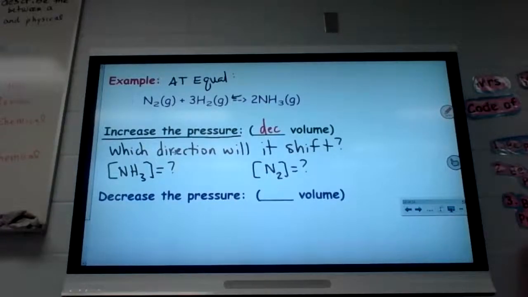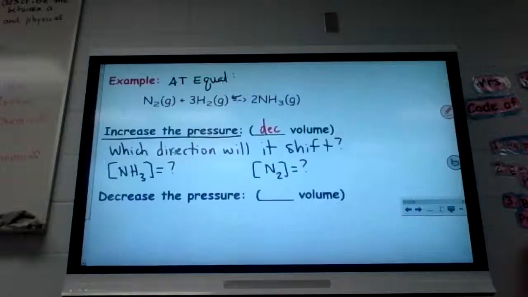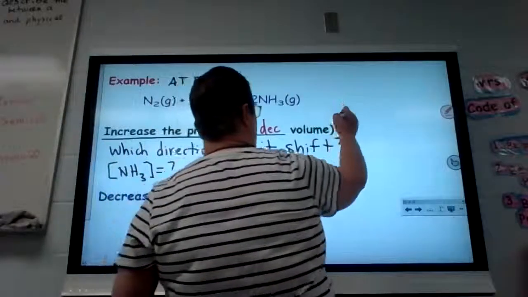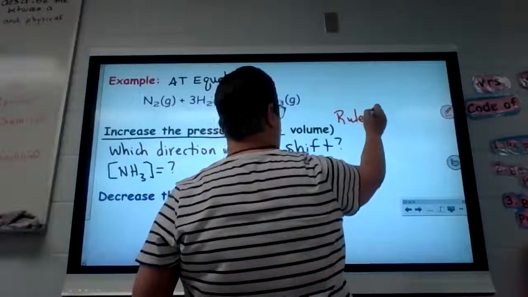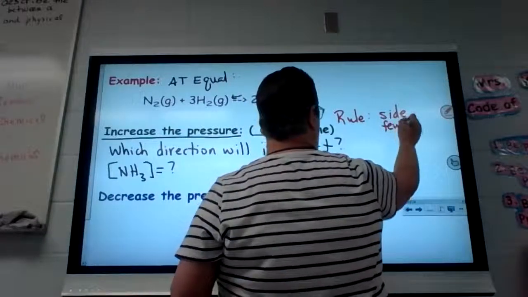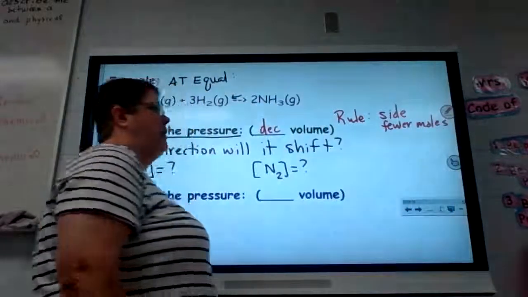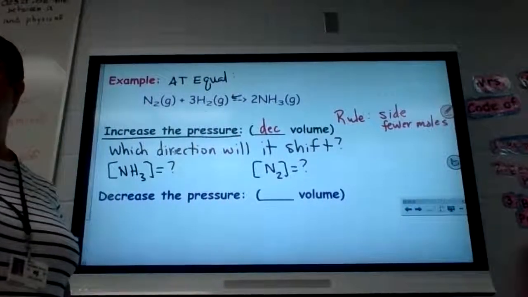We're increasing it, right? So what does the rule say? If I increase the pressure, it shifts to the side with fewer moles. So we need to examine the moles.